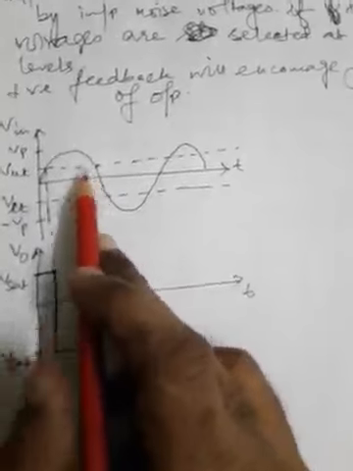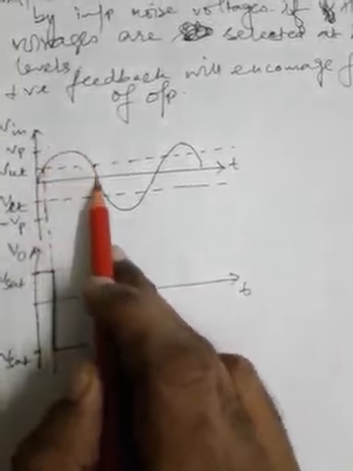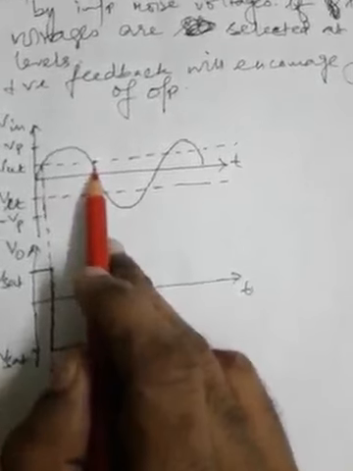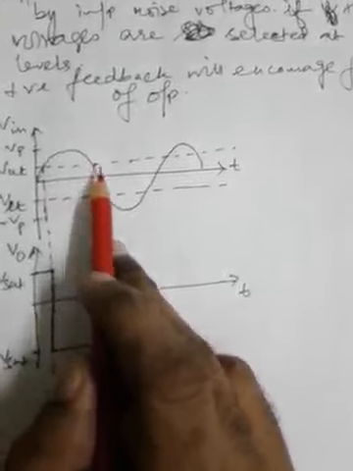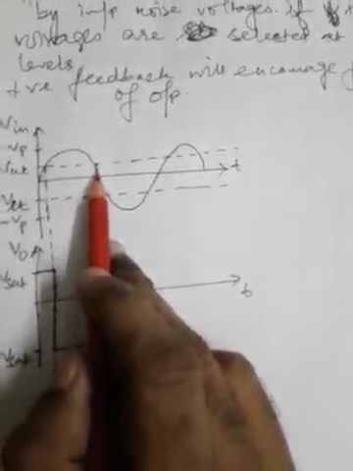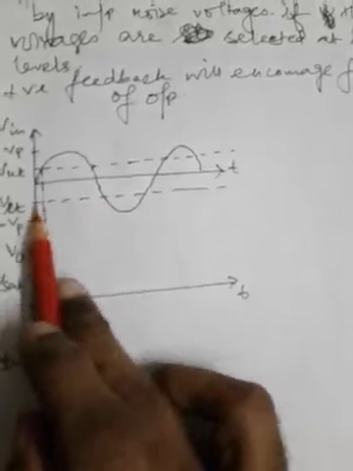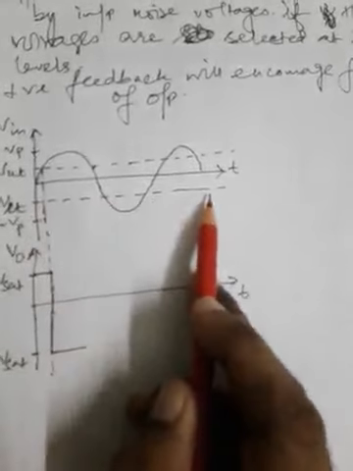So that means the triggering, when this Vin is once again coming down to VUT, obviously the output should move to the positive saturation level, but that will not happen until Vin goes more negative than this lower threshold voltage.